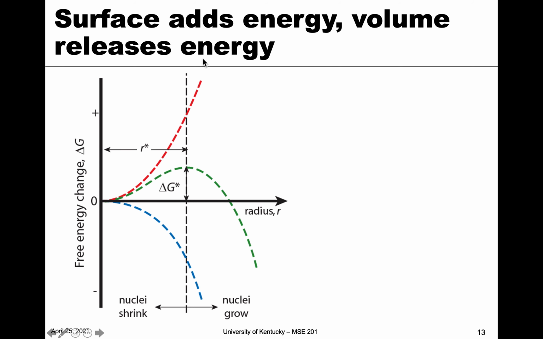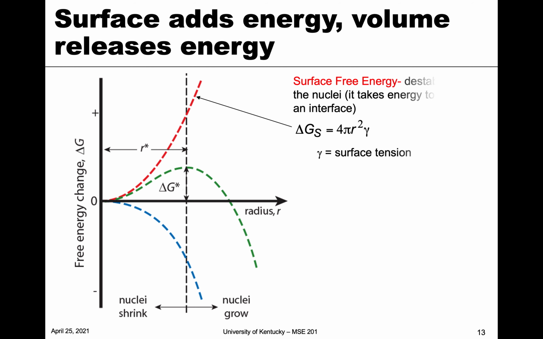So when we look at nucleation, we're actually going to look at two different terms that happen when we form a new phase. The first one is this positive term, in red here, the red dashed, and this is related to the surface free energy. It's the surface area that's created between the solid and the liquid interface, and so this takes energy.